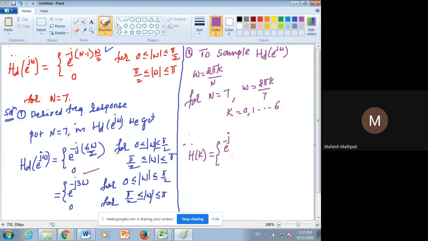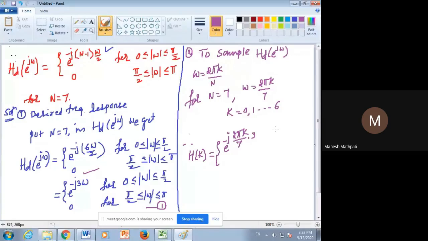This omega I am replacing by the value 2 pi k by 7. Let us call it equation 1, HD of e power j omega. So omega is replaced by 2 pi k by 7 in equation 1. So that is e power minus j 2 pi k by 7, which is multiplied by 3 again.